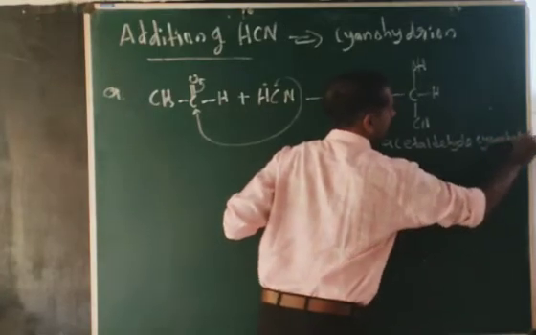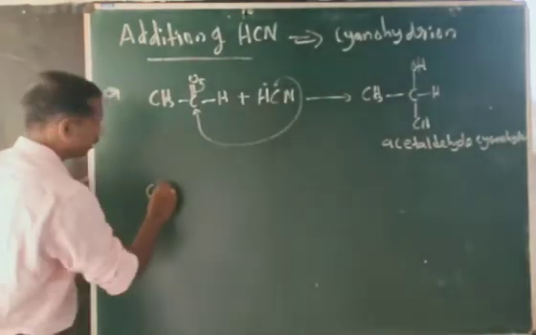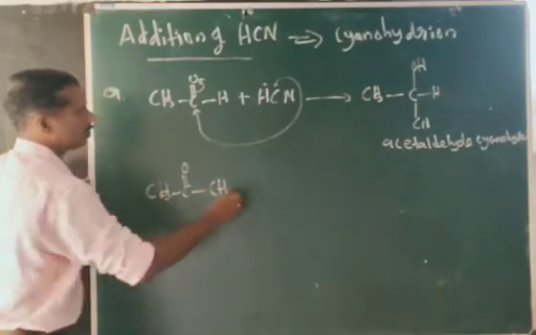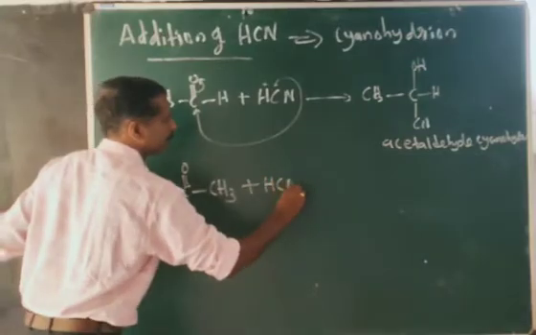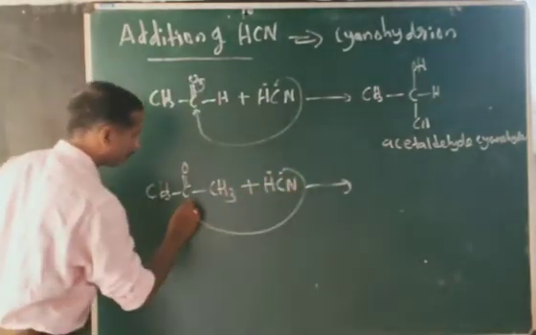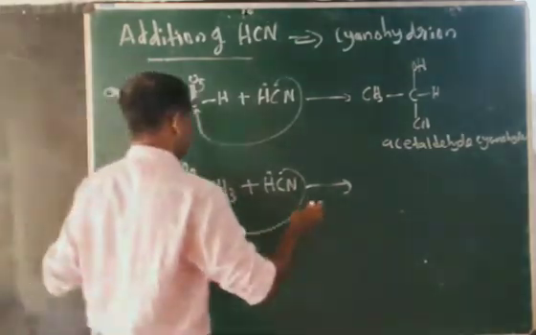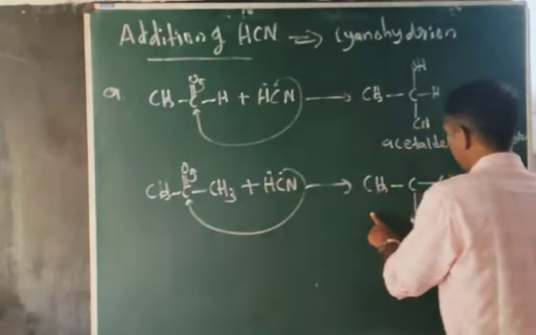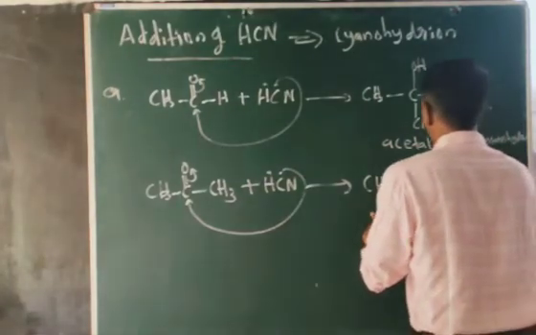Next, if you take a ketone, CH3COCH3, acetone, and react it with HCN, we get the same reaction. H plus and CN minus, and CN minus will attack this carbon. Now we get CH3C, here it is CH3, here it is CN, and here it will become OH.